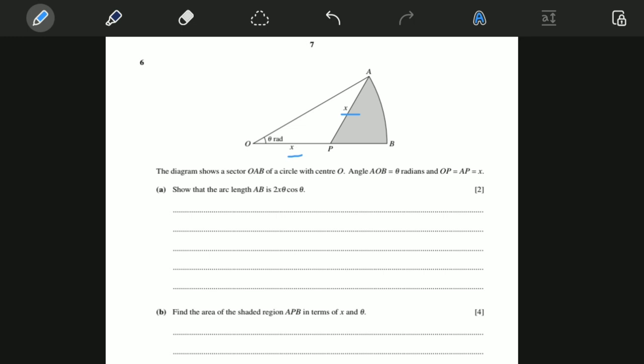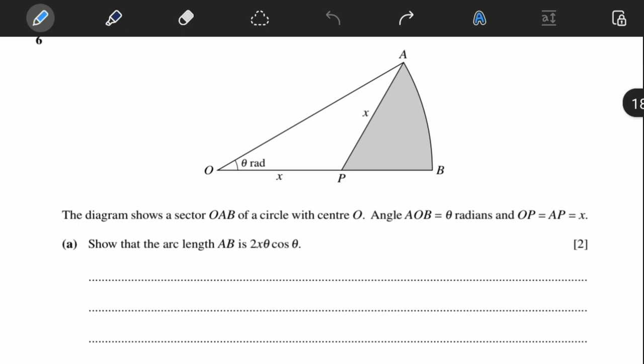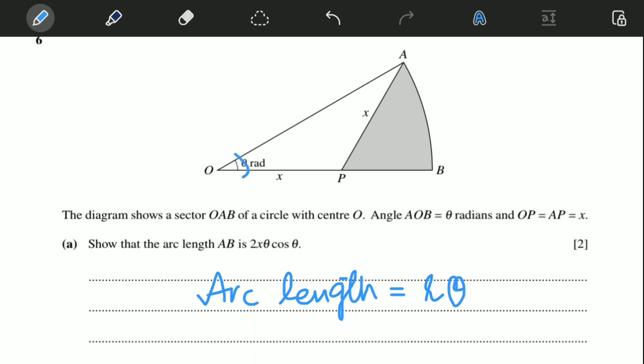Okay, so we know that arc length is equal to r theta. We know this theta is theta over here, and r is OA or OB, so we have to find that OA.